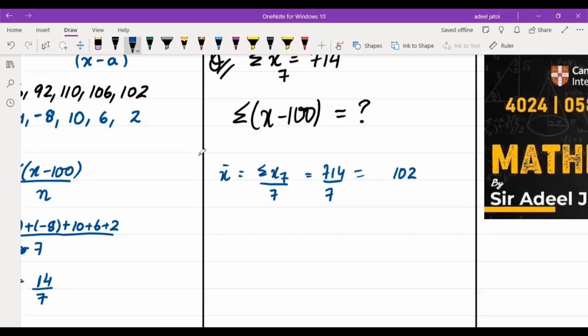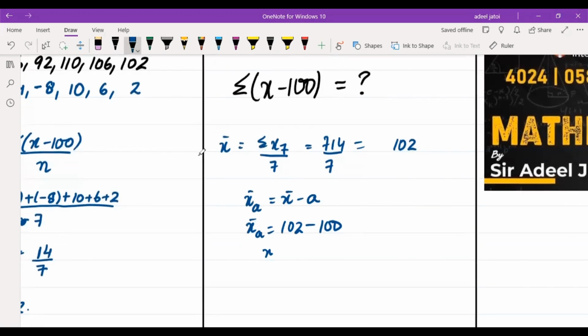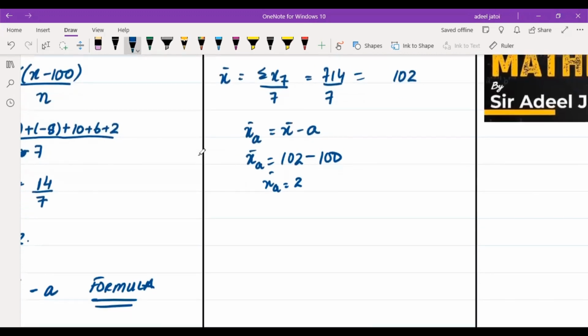Now, with this normal mean, we can use assumed mean equals mean minus A. To calculate the assumed mean, we do 102 minus A, where A is 100, which is given in the question. So we know that our assumed mean is 2. Now using the assumed data, how do we calculate the assumed mean?